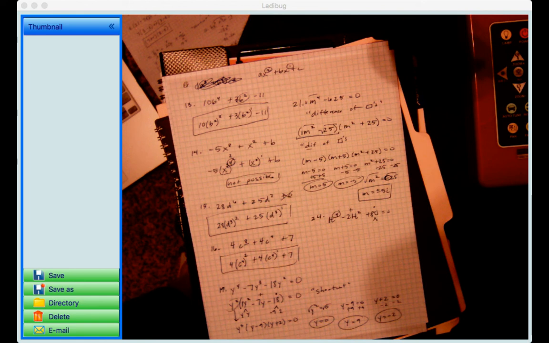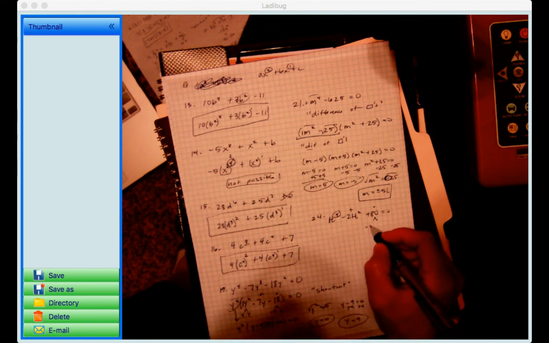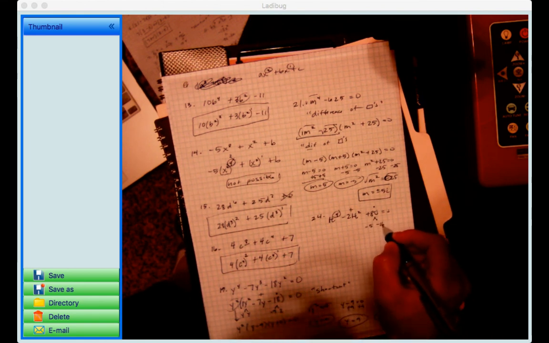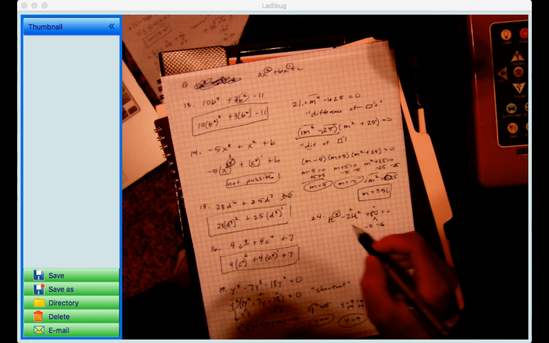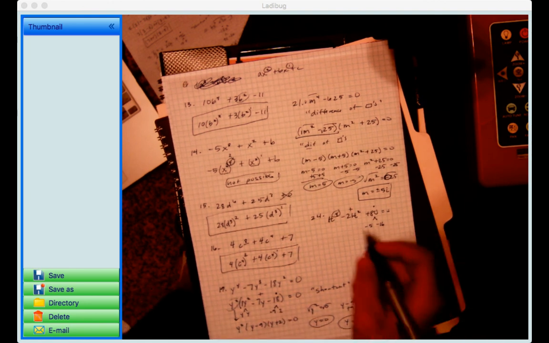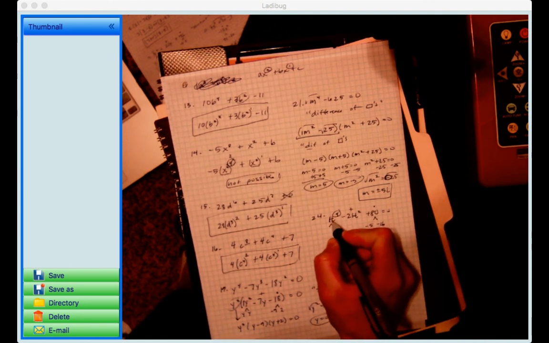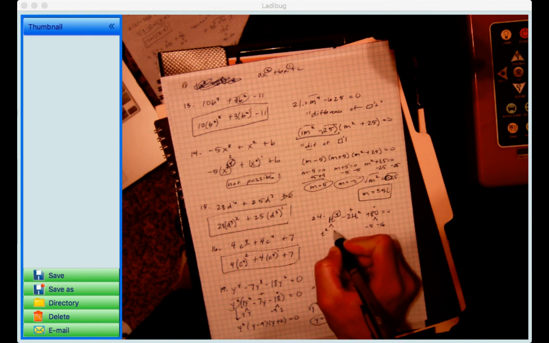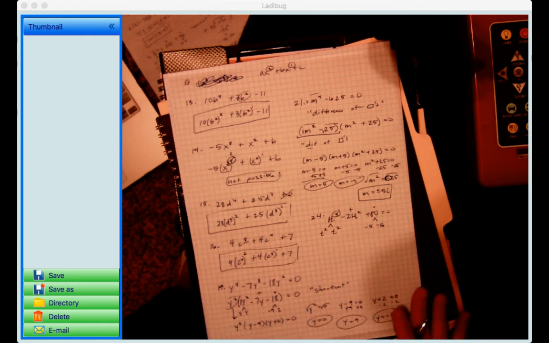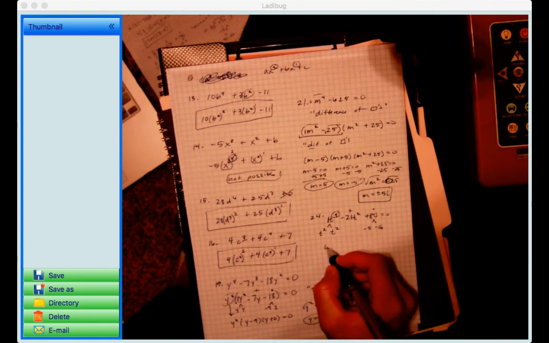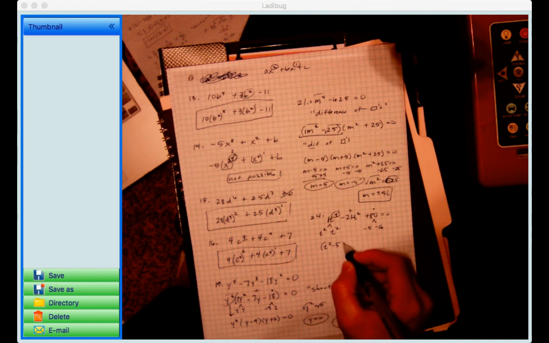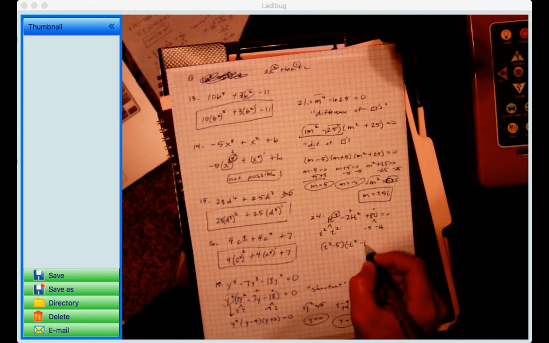Five and 16. So negative 5, negative 16 add to negative 21, multiply to positive 80. Now the biggest thing here is it's t^4, so this is going to give you t squared and t squared. So we have t squared minus 5 and t squared minus 16.